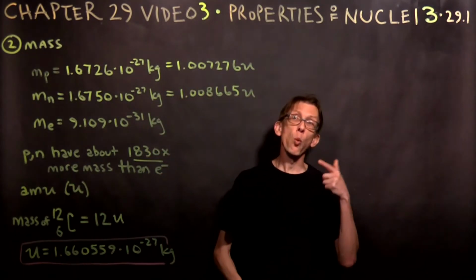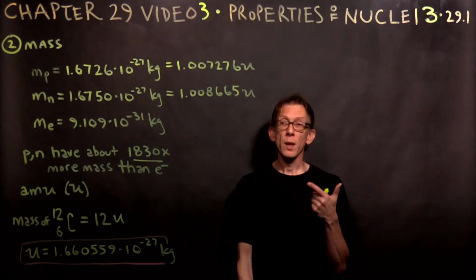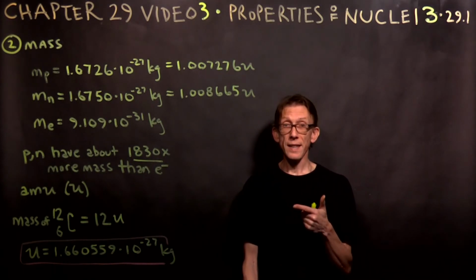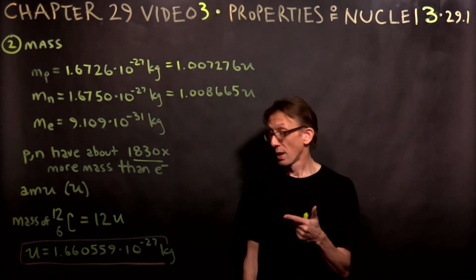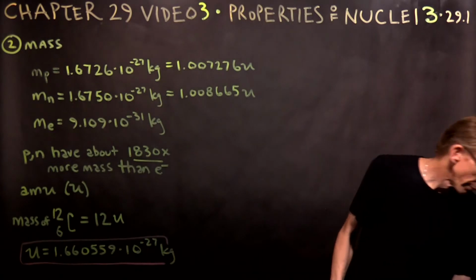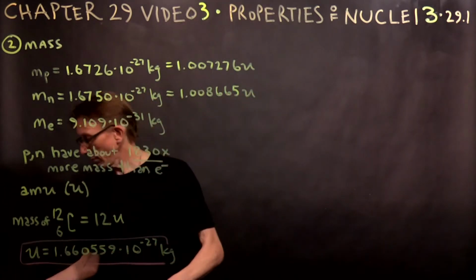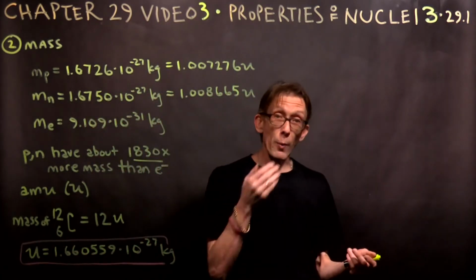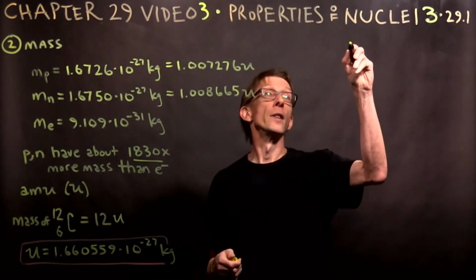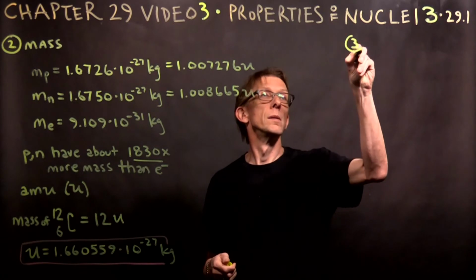Now I want to say one more thing about mass. The atomic mass unit is the unit we use, but there's another way of expressing mass that is very common in nuclear physics, and that is to relate it to energy. And energy is what comes up next. I'll start a new video in a moment, but I want to show you the connection between mass and our next property.